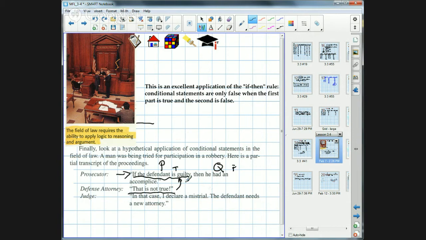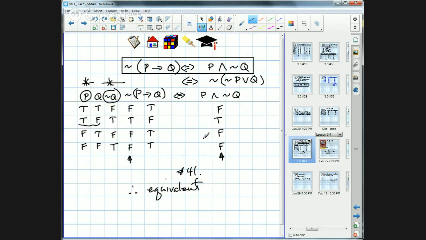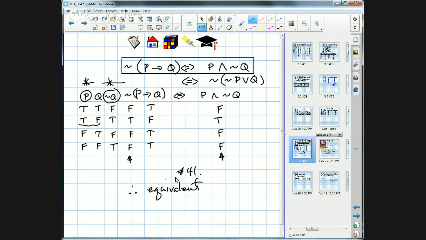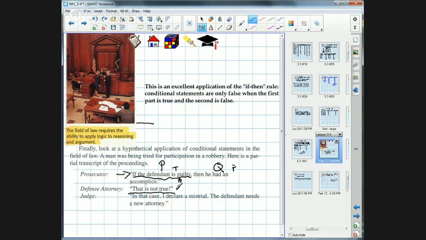Okay, let me just try and go through this. I'll try to say it more simply again. Again, the only time an if-then statement is false is when the first part is true and the second part is false. So the defense attorney, who said that's not true, just said the first part of that statement up there is true. So he just said the guy I'm defending is guilty. He said it indirectly.